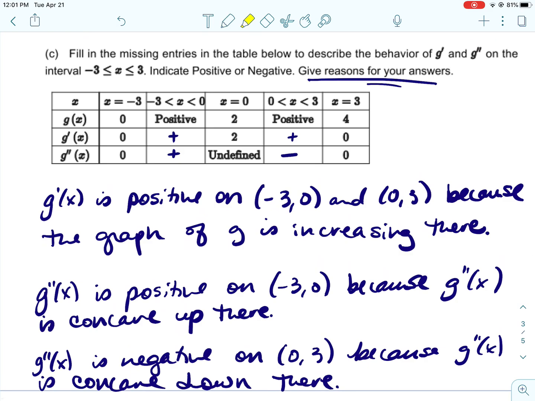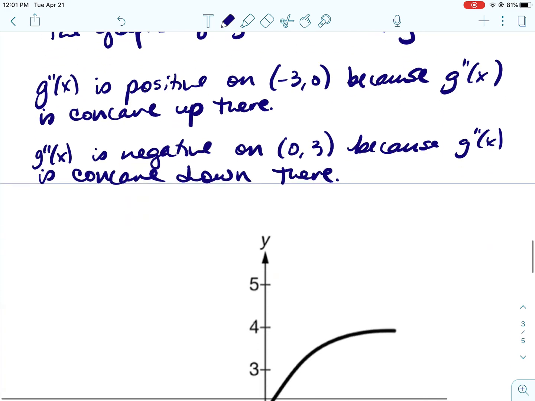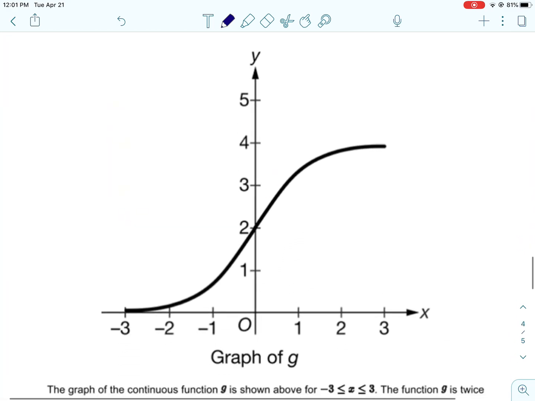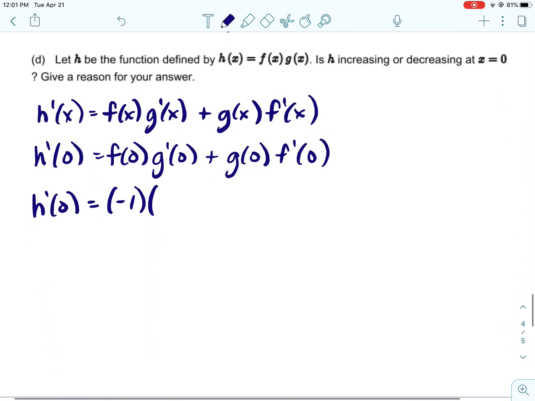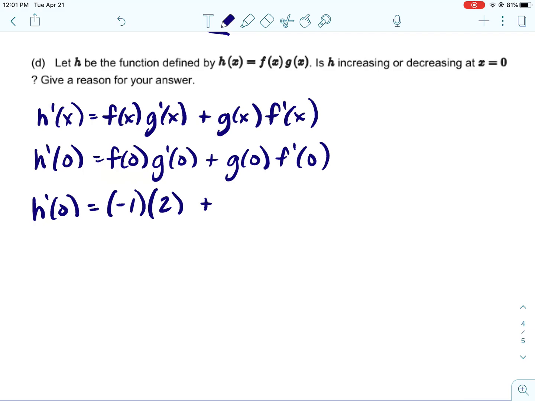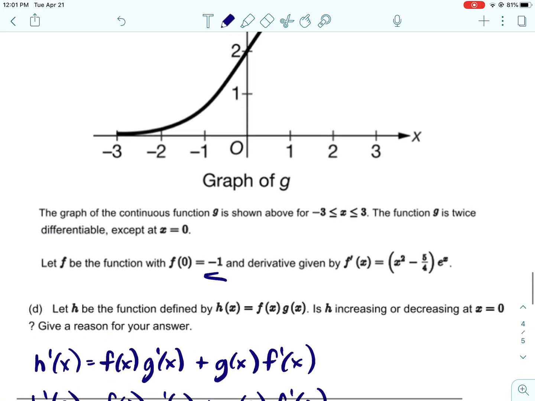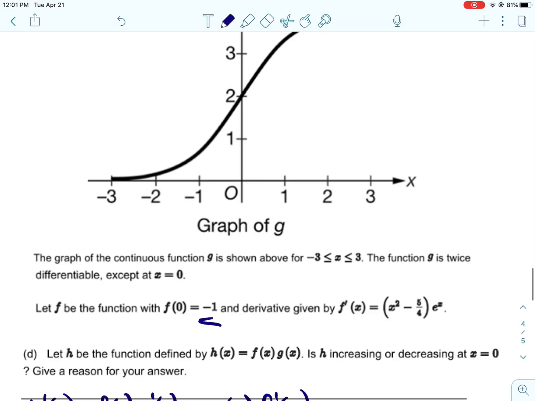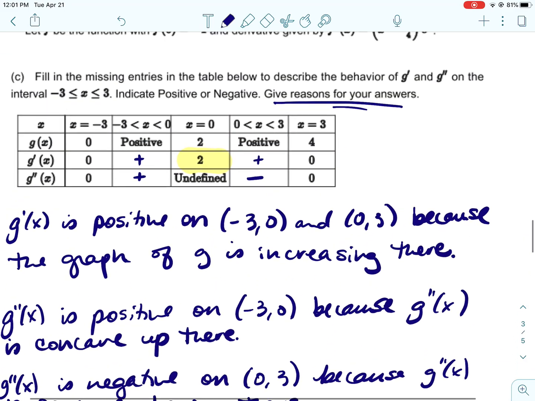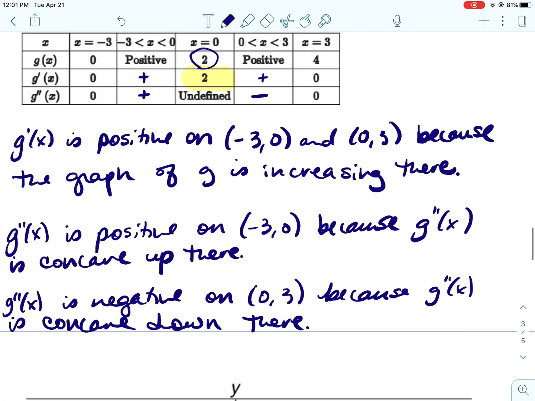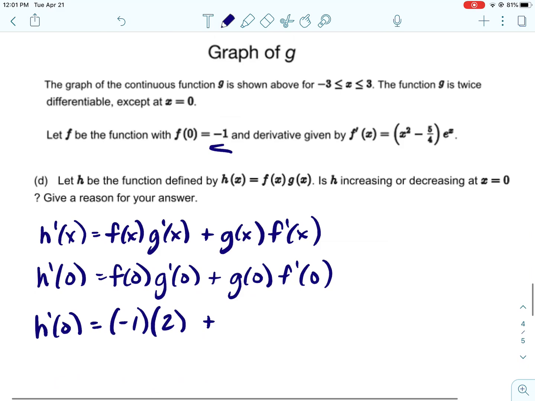But f of 0 is given to us right here. So f of 0 is -1. G prime of 0 is given to us right here. This 2. We could estimate it from the graph, but we don't have to. It's going to be 2.